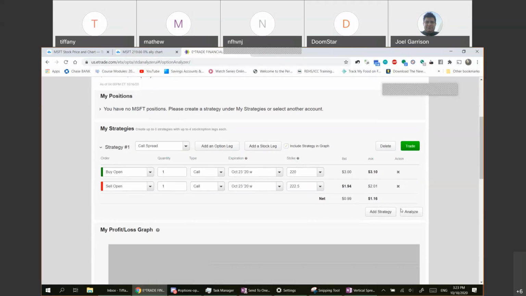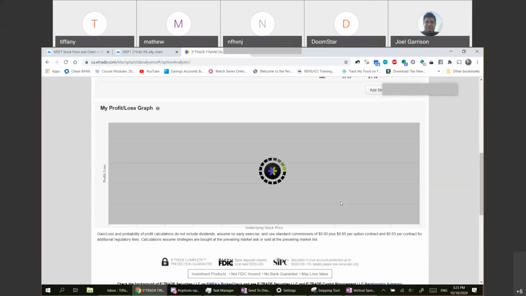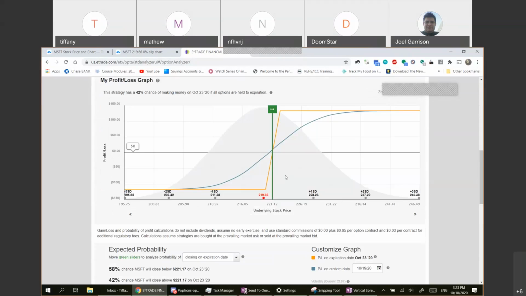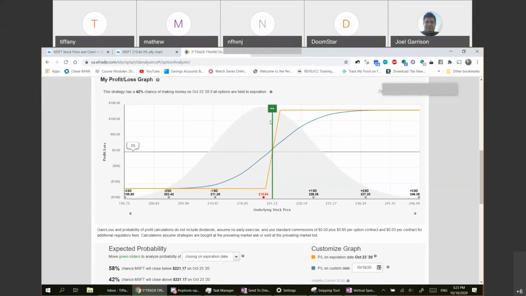So let's analyze what your probability of success for this trade is, and what your max loss and max profit are. The underlying stock is trading at 220 right now. The most you can lose is 1/16.